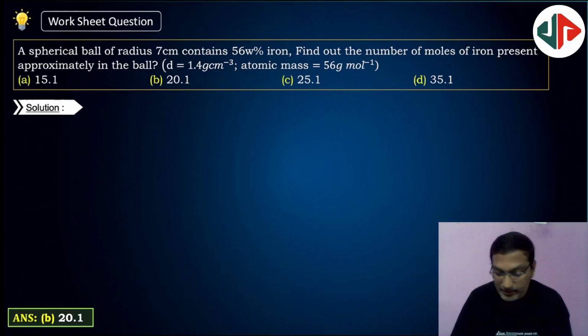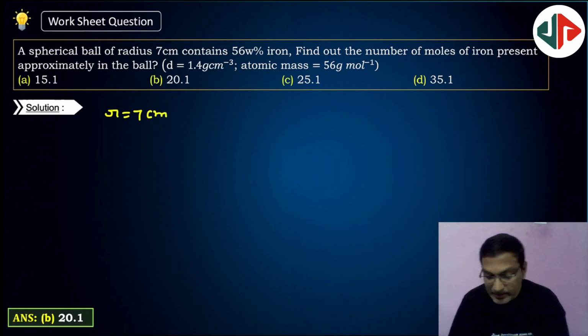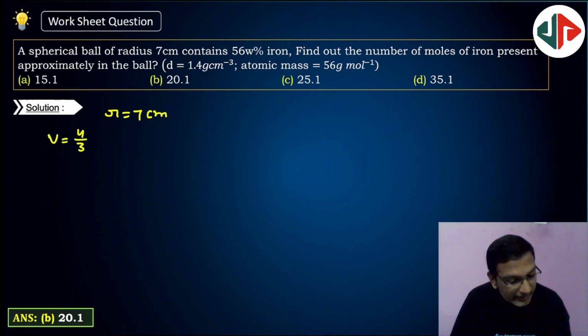This is also simple. A spherical ball of radius 7 centimeters is given. From the radius we can find the volume. Volume equals 4 by 3 pi r cube, which is 4 by 3 into pi value 3.14 into 7 cube.